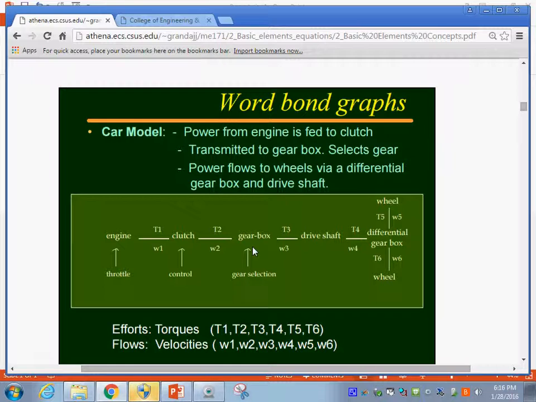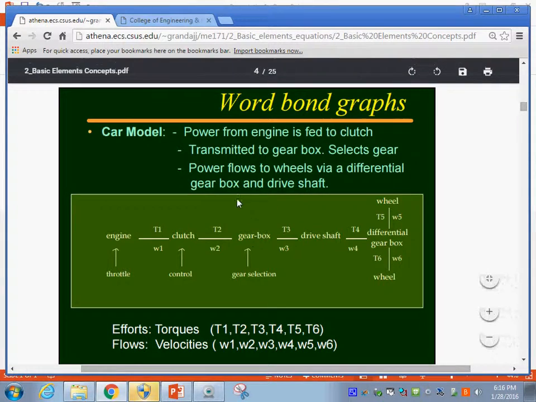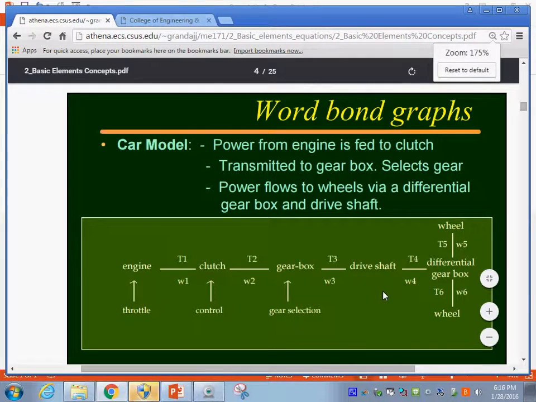When you switch in one gear, it goes maybe slower, but has a lot of torque. Or you switch another gear, it goes faster, and so on. So you get to the drive shaft, and then the drive shaft connects to the differential gearbox, and that differential gearbox connects to the wheels.